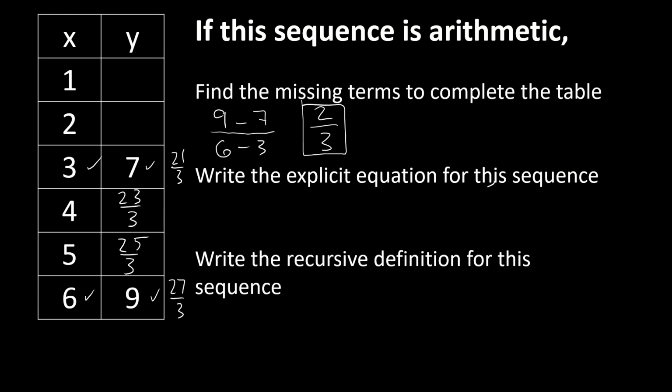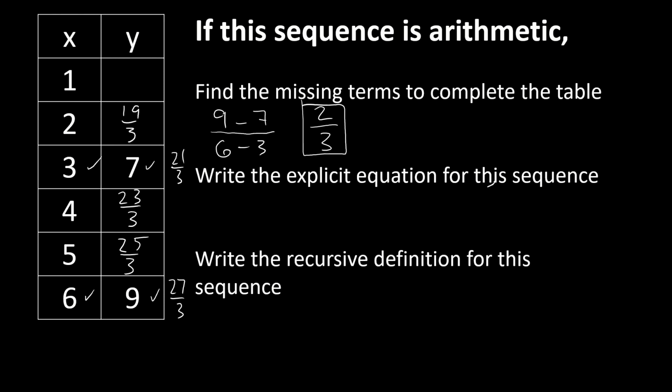If I move backwards, instead of adding 2/3, I need to subtract 2/3. So I'll take the number 7 and I will subtract 2/3. So 7 minus 2/3 is going to be 19/3. And again, you can think about that as 21/3 minus 2/3 is 19/3.